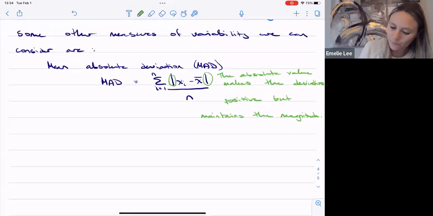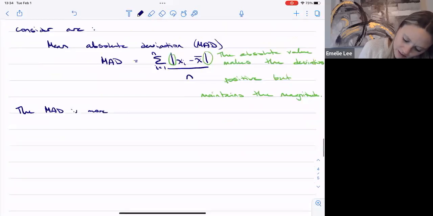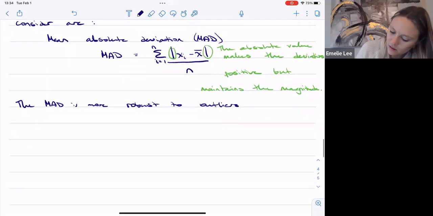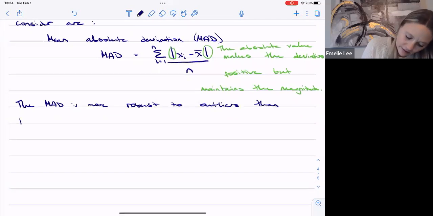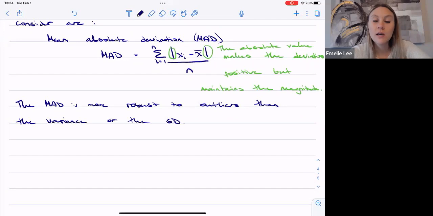Okay, and so the MAD is more robust to outliers than the variance or the standard deviation.